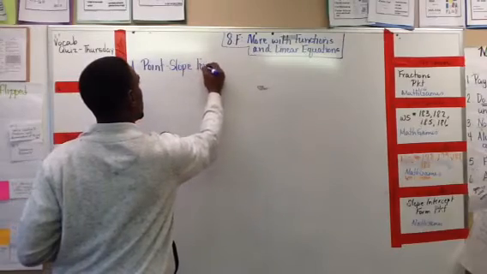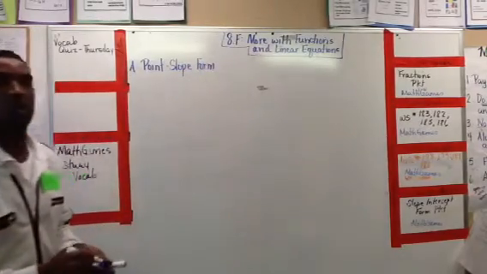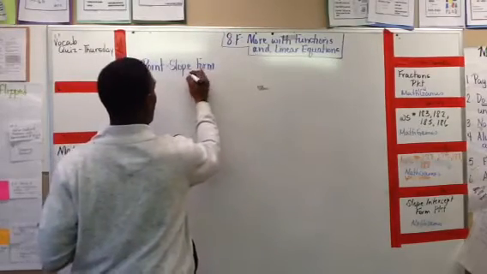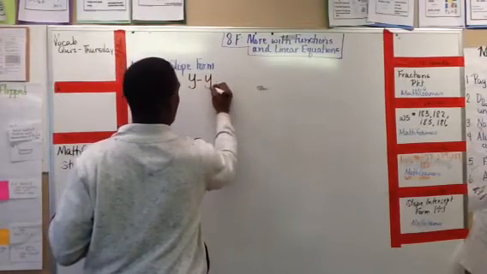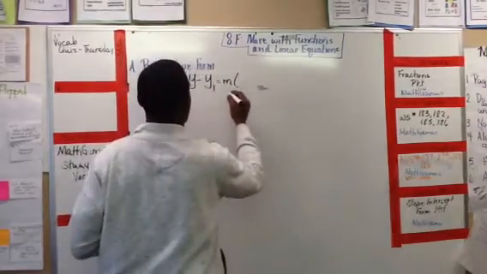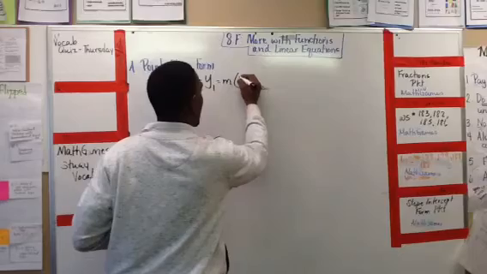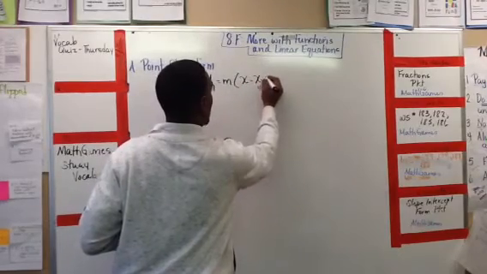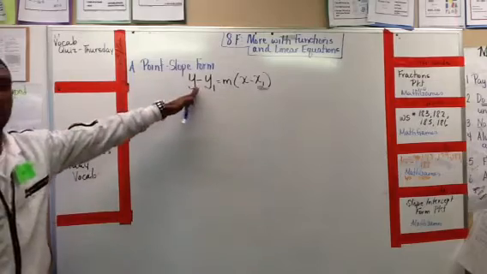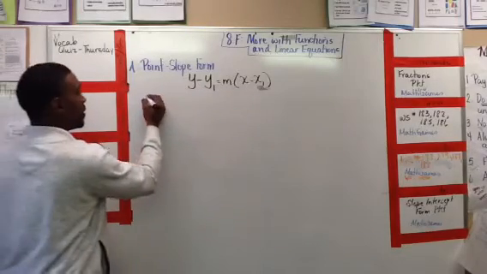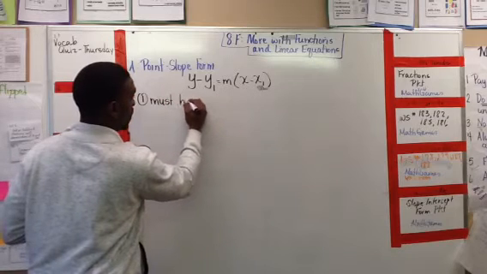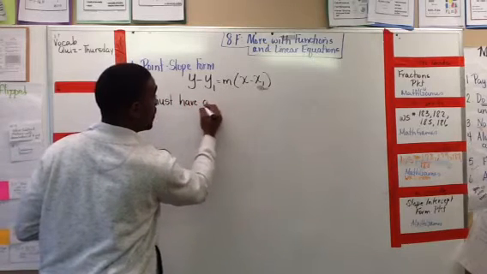So if I give you the general form for point-slope form, you ought to be able to take the slope, if given it, and a point, if given it, and put it in this equation and end in slope-intercept form. So you're going to start here. But to start here, you must have a point.